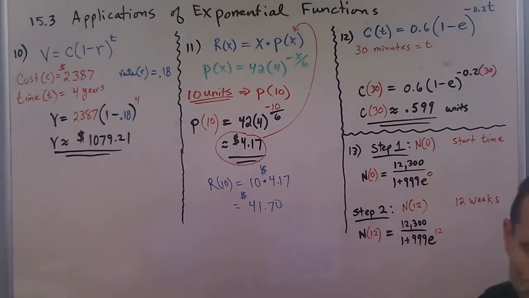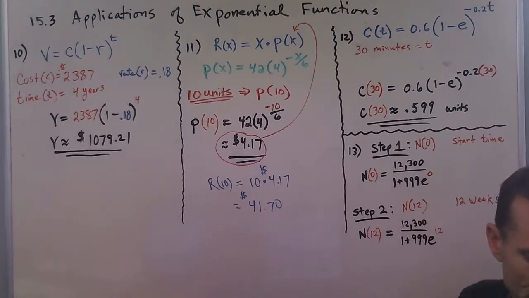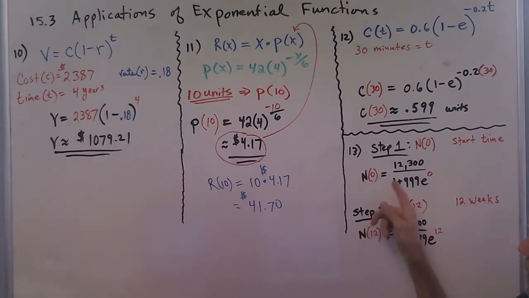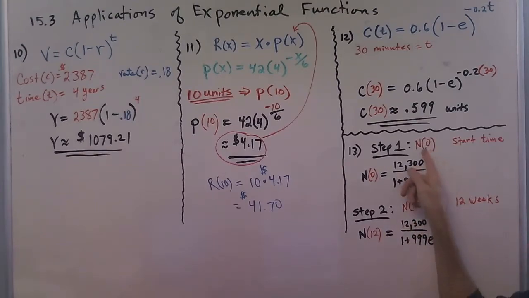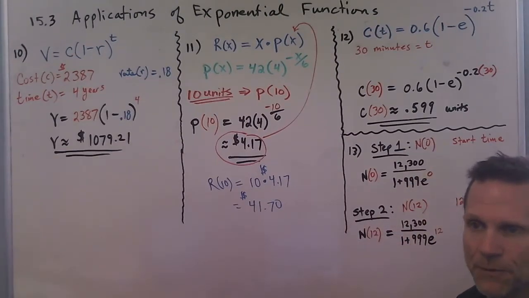So now this last one here, and I did want to fit 4 onto this page, talks about a contagious disease, and this value is the start time of 0, and this function is how the disease spreads, or how many people get the disease in the population.